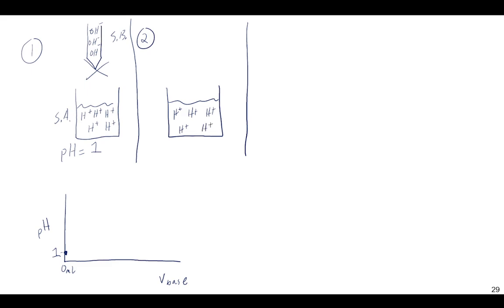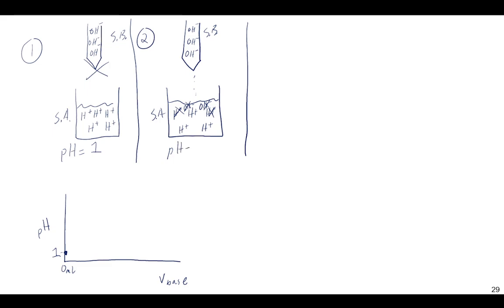And we still have this burette of strong base above it with all of its OH minuses floating around. And now I'm going to put a couple drops in. Okay, so I've added a couple of OH minuses. Those will neutralize my H pluses. So now I have neutralized a couple of the H pluses in there.